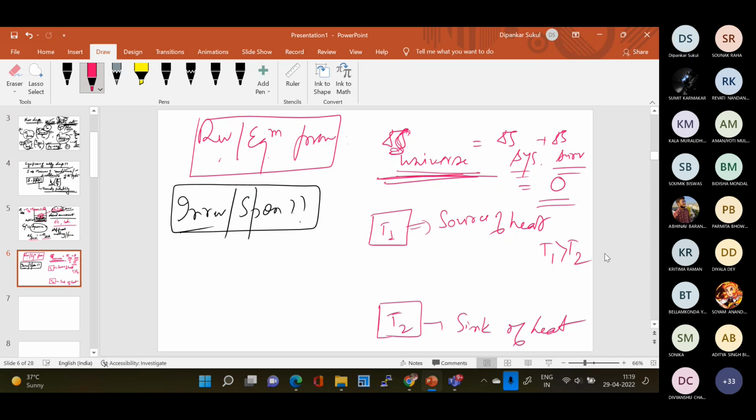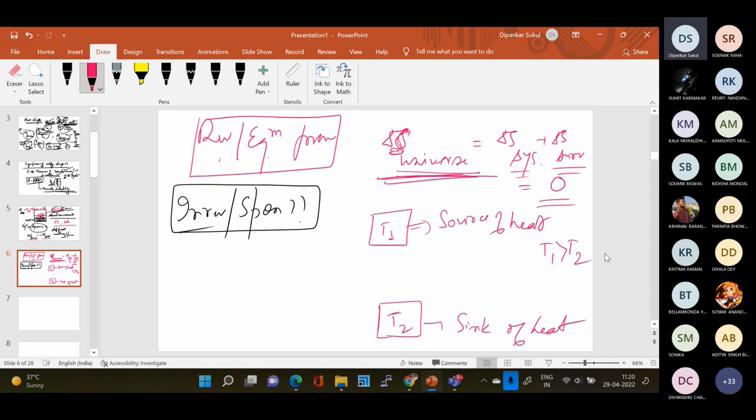Now, one of the statements of the second law, as I told you, is that heat spontaneously or irreversibly transfers from a body at higher temperature to a body at lower temperature. If you want to transfer heat from lower to higher, that is not spontaneous. You have to do some work.